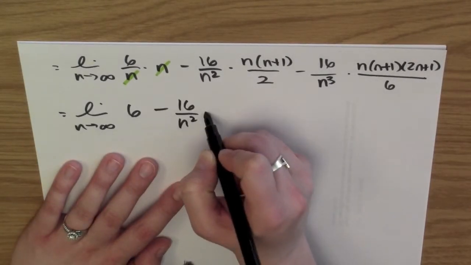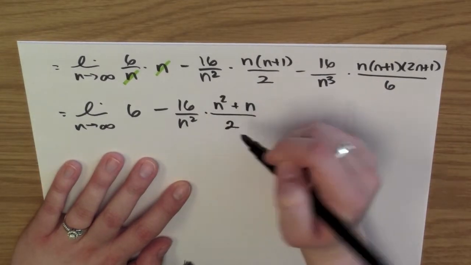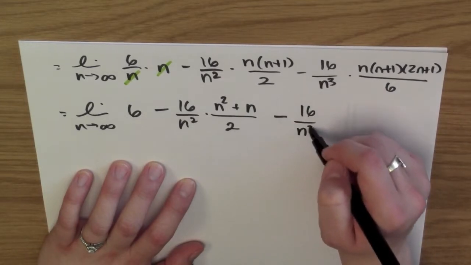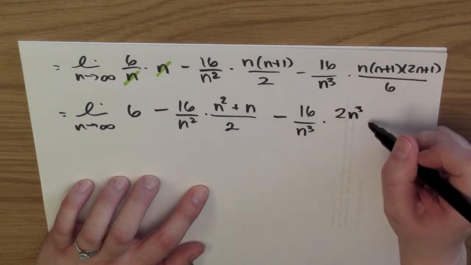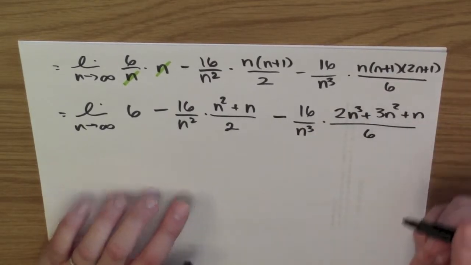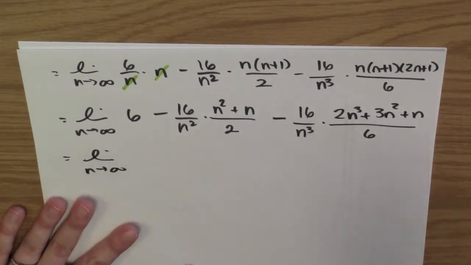16 over n squared times, here I have n squared plus n over 2. And then here I have minus 16 over n cubed, and when I expanded this one out, I got 2n cubed plus 3n squared plus n, all over 6. Okay, so just a little more algebra to make this look a little cleaner.